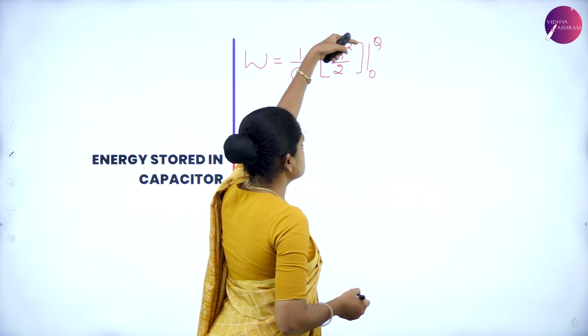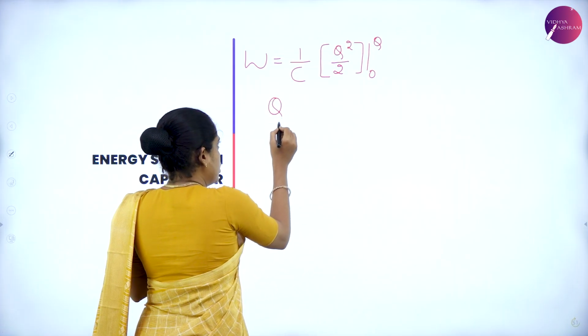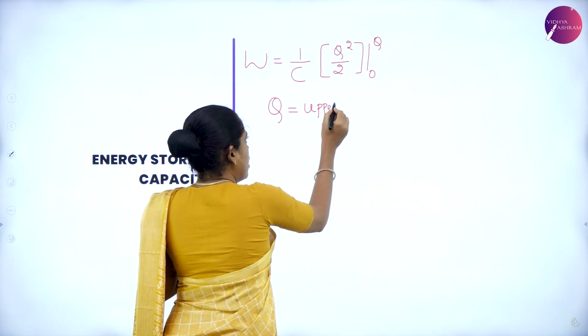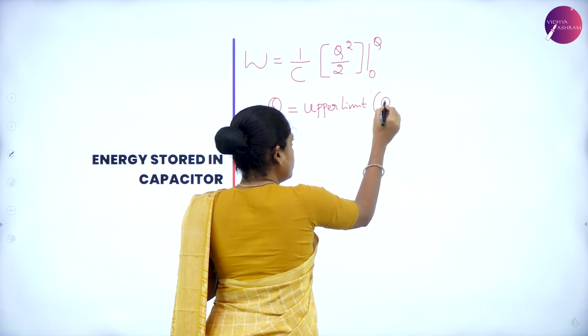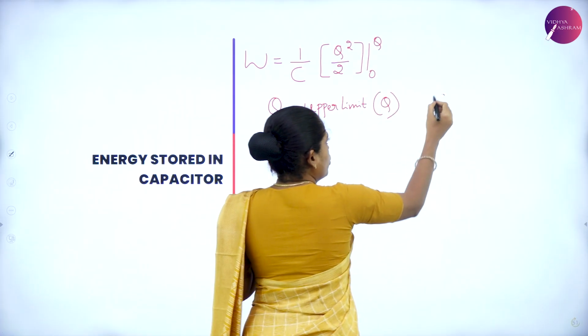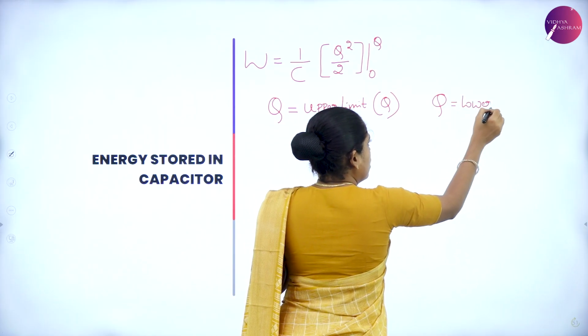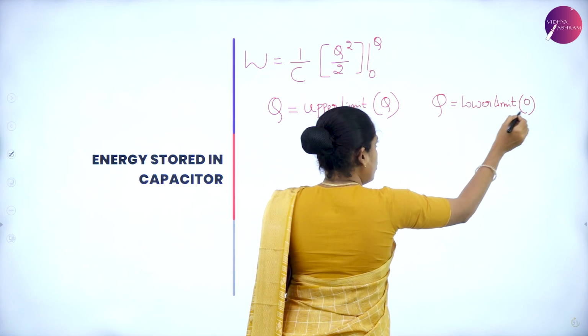First, always the upper limit, that is the Q value, is the upper limit, and the next value is the lower limit, that is 0.